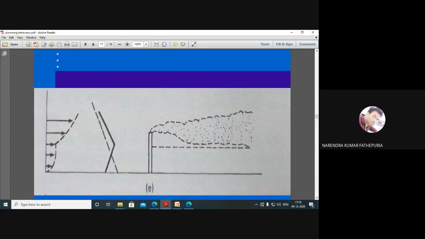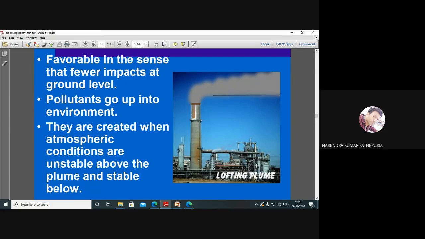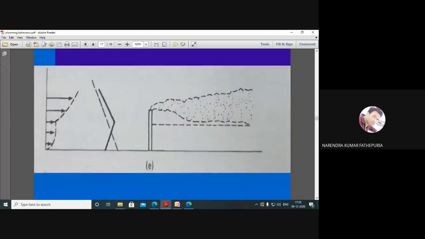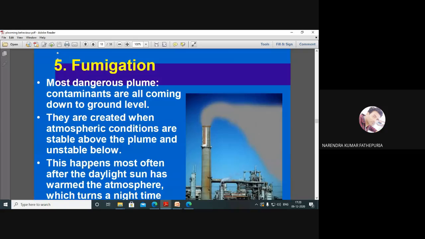Here the adiabatic lapse rate and environmental lapse rate will go like this, and then finally it will become approximately parallel to the adiabatic lapse rate. So it will be like this. From that height, you escape it and you make a straight line over there. It will be completely straight. So this is an unstable condition. Unstable conditions are good for pollution dispersal. So this is good.